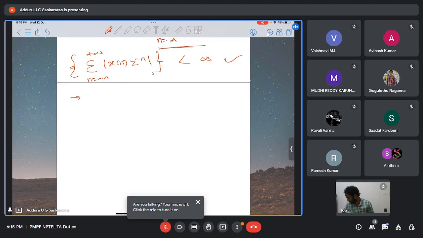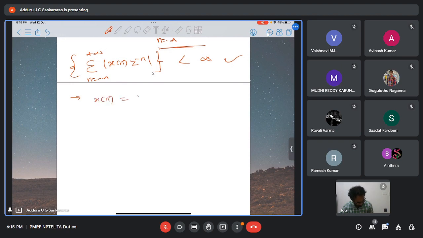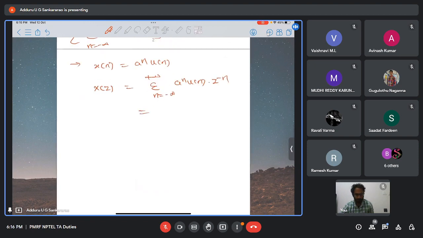I'm just taking one example. Let us say x of n is a power n u of n. Then the Z transform for this is X of z equals sigma n equal to minus infinity to plus infinity of x of n, which is a power n u of n, into z power minus n. Now since it is u of n, this signal is nothing but a power n for n greater than or equal to 0, and 0 otherwise, right?